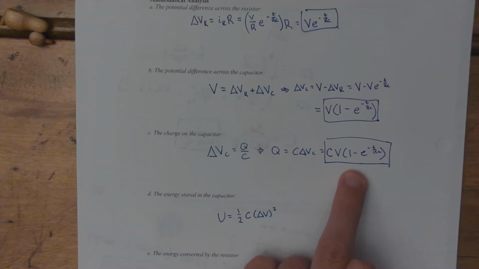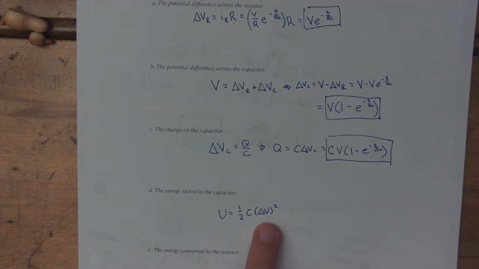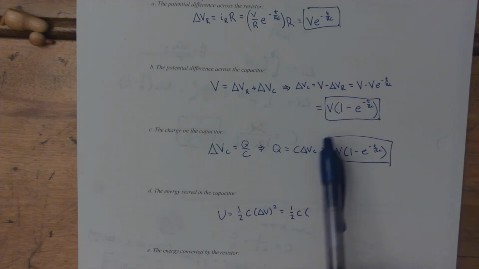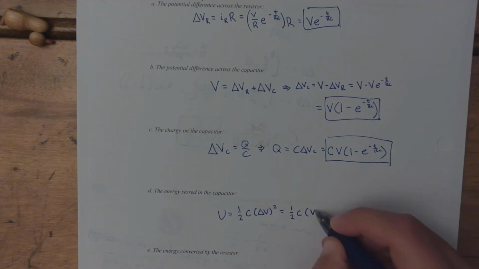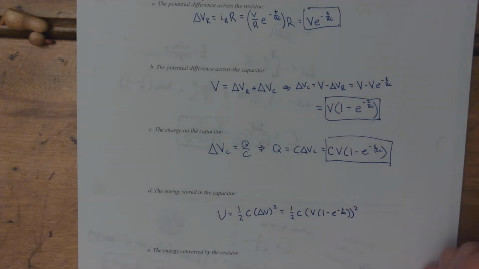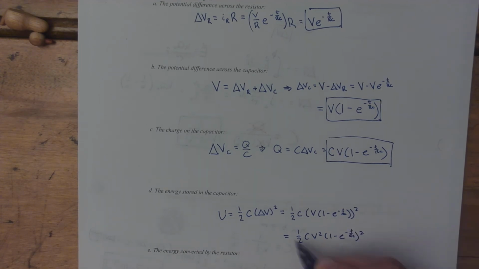That's what I found up here, so I can plug it in here. So I have 1/2 times C, and then delta VC, that's equal to V times (1 minus e to the negative t over RC), squared. Let's write that as 1/2 times C times V squared times (1 minus e to the negative t over RC) squared.